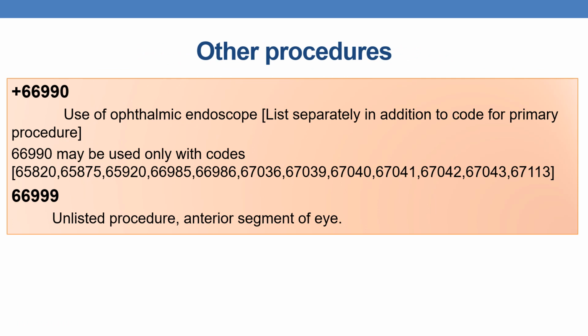And finally, coming to other procedures, the first CPT is add-on CPT, that is 66990, use of ophthalmic endoscope. As it is an add-on code, it must be listed separately in addition to the code for primary procedure.